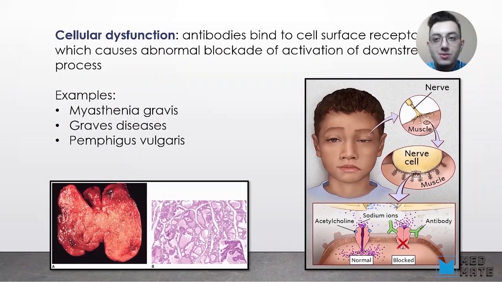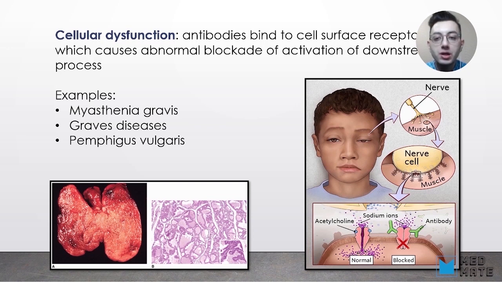The last consequence of type 2 hypersensitivity is cellular dysfunction, where antibodies bind to cell surface receptors, which causes abnormal blockade or activation of downstream processes.